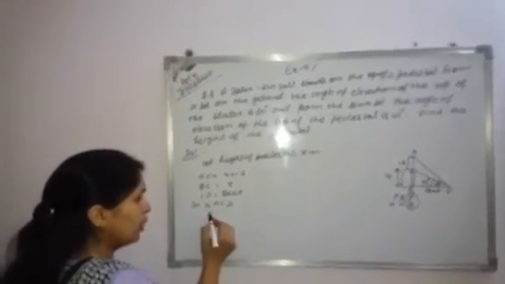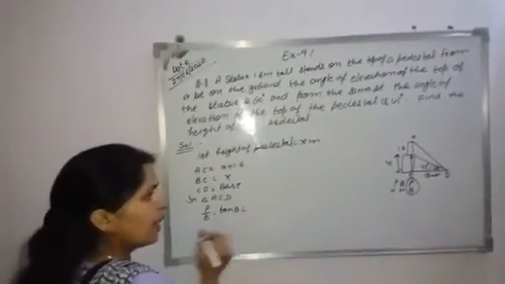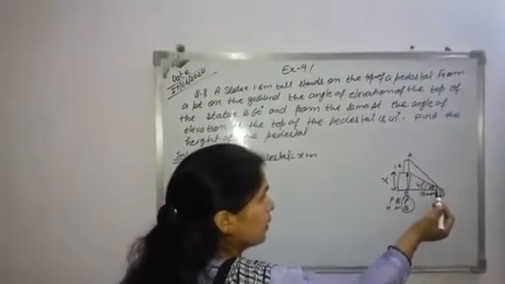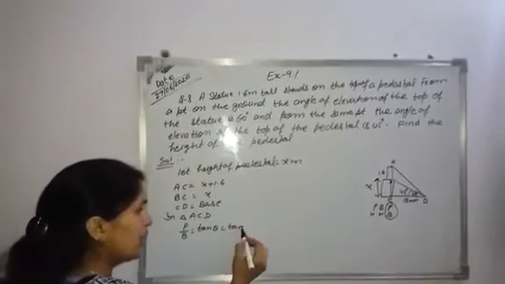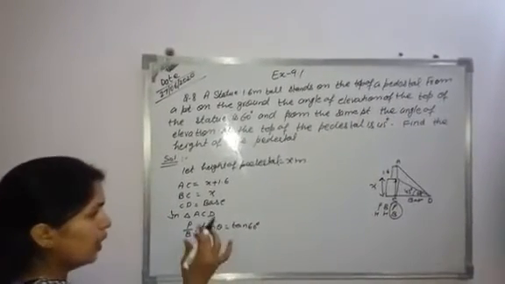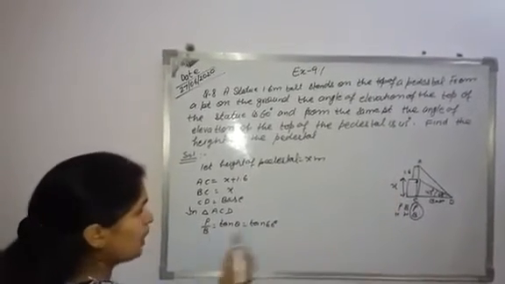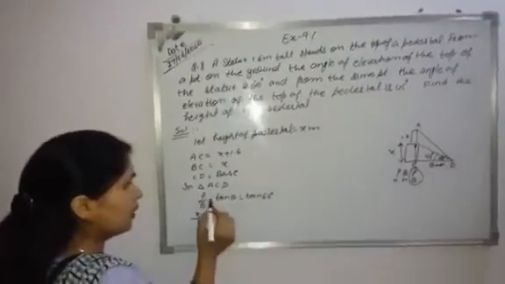So perpendicular divided by base is equal to tangent theta, and here theta in triangle ACD, angle is equal to 60 degree. So this is tangent 60 degree. Now what is perpendicular? That is AC. AC is equal to x plus 1.6 divided by base.